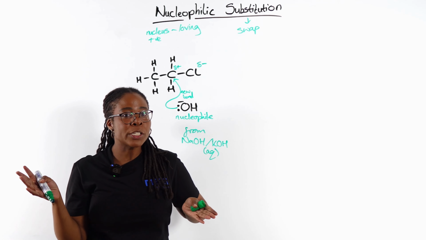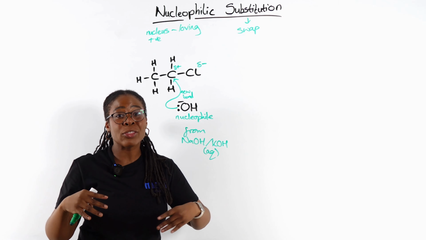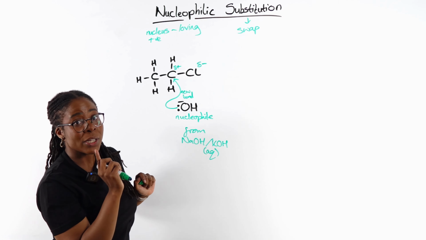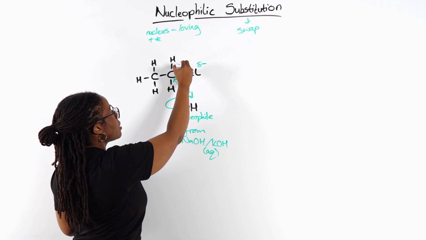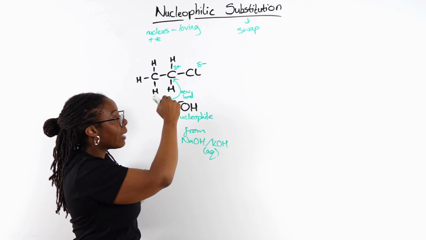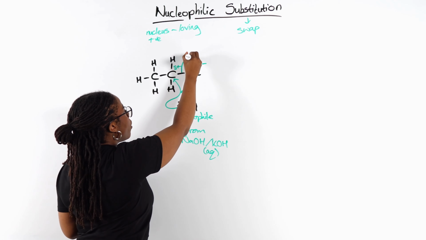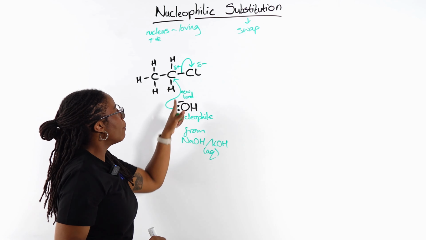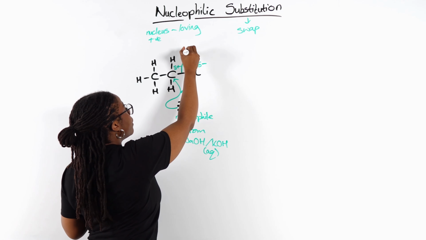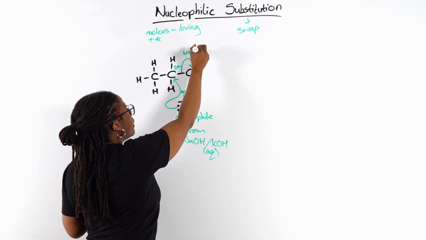And which bond is going to break? Well, the weaker and polar bond, which is our C-Cl bond. So our second curly arrow is going to start from the C-Cl bond because there's another pair of electrons in that bond. And those are now going to go onto our chloro group. And then that is breaking that bond.